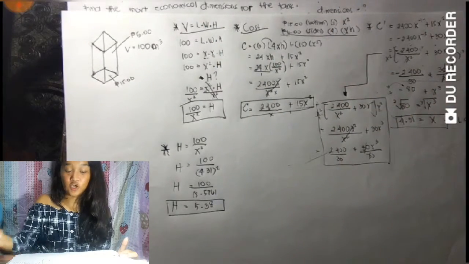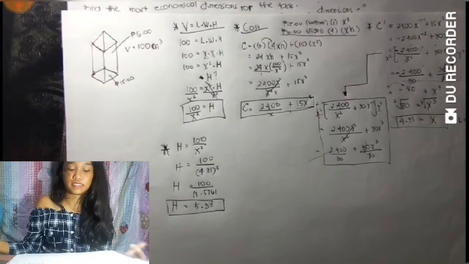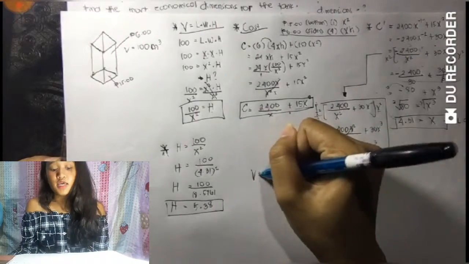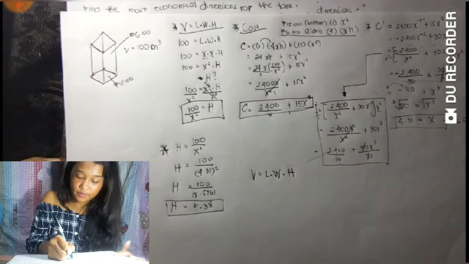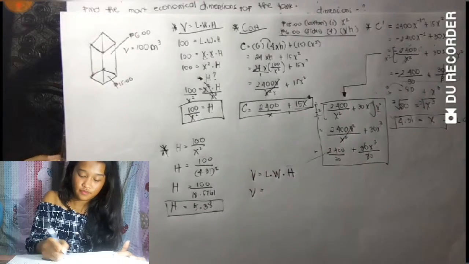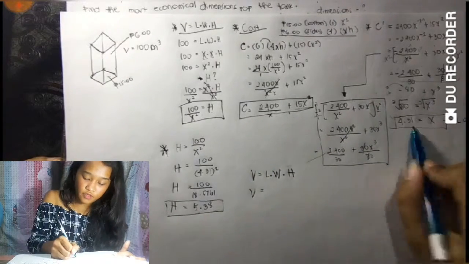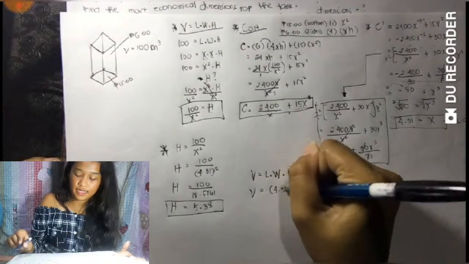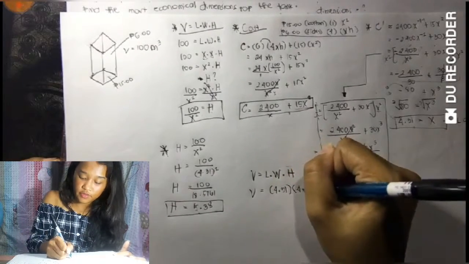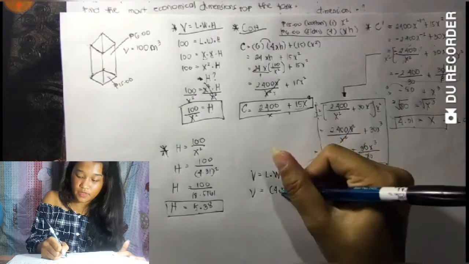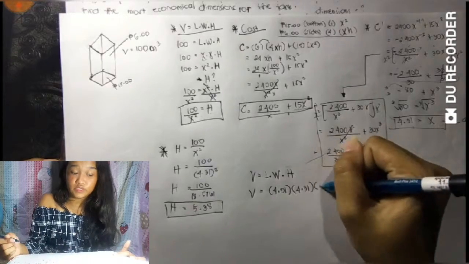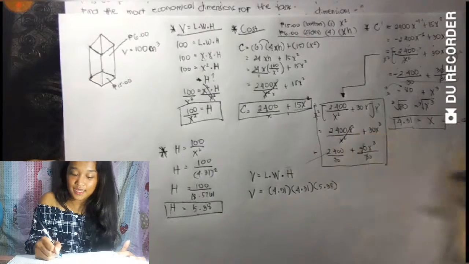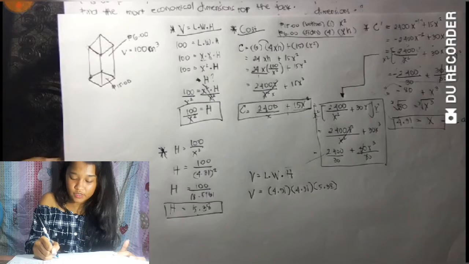This is our height, and x will stand as our length and the width. And going back to the formula of our volume, since the dimensions are what we're gonna have to find right here. The volume is equal to length times width times height. Now, volume is equal to the length, which is 4.31, times the width, which is also 4.31, since the length and the width is about the square base, and times the height, which is 5.38.